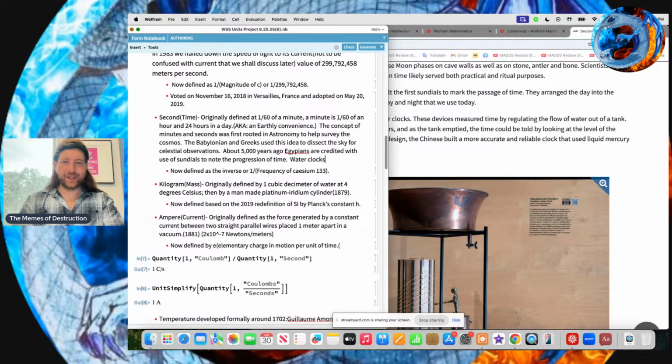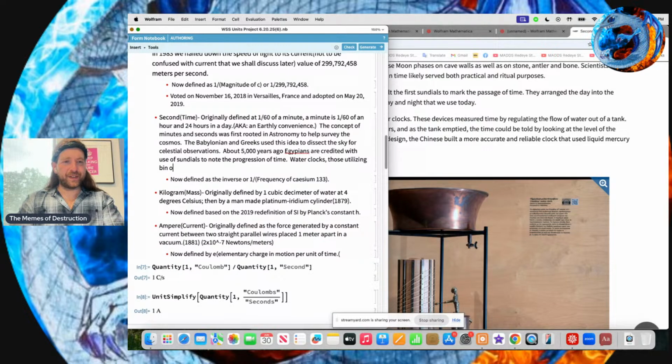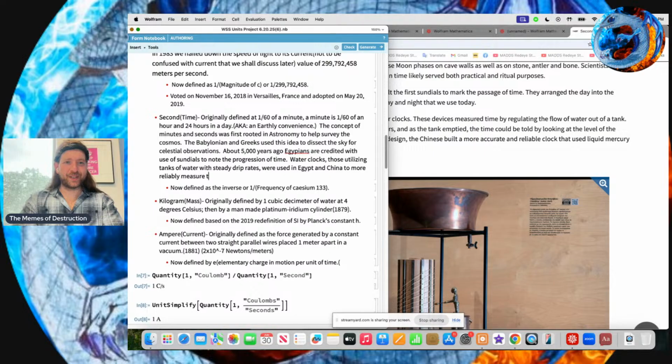Water clocks. Those utilizing tanks of water with steady drip rates were used in Egypt and China to more reliably measure time.